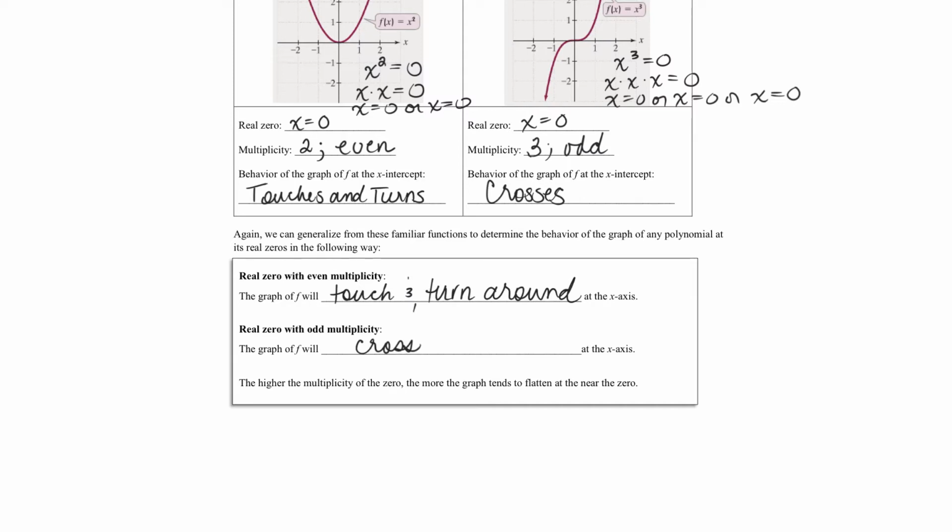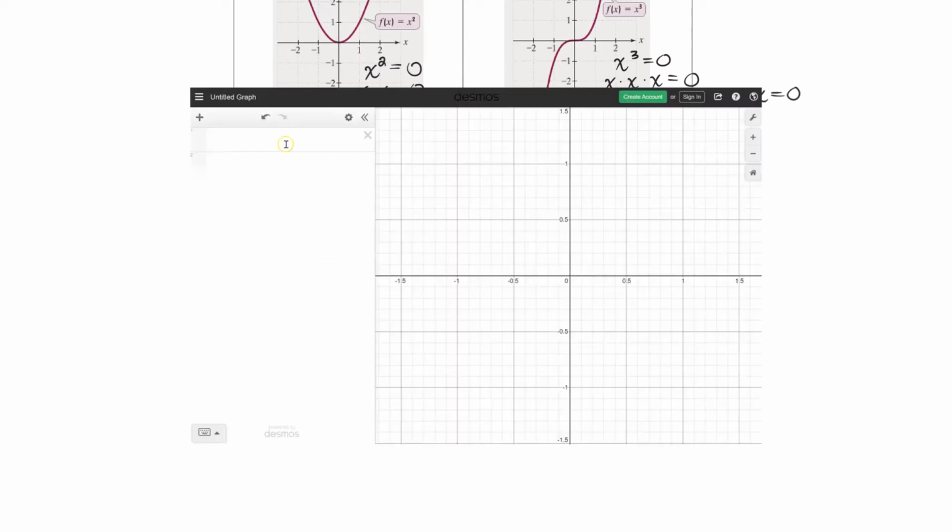And it is also true that the higher the multiplicity of the zero, the more the graph tends to flatten out near that 0. So I made a quick video using Desmos, the online graphing calculator that's free and available for your use as well, to show you how that idea works.